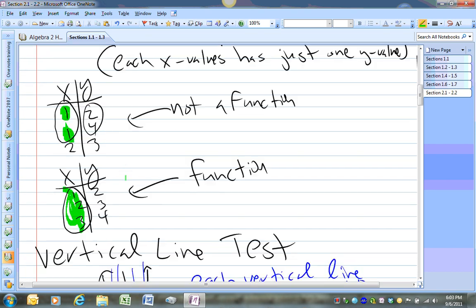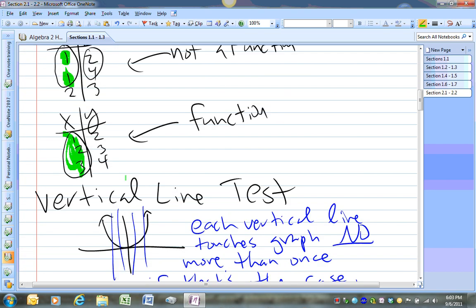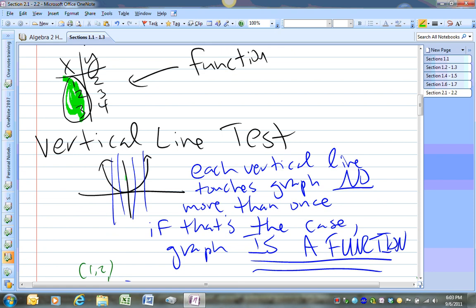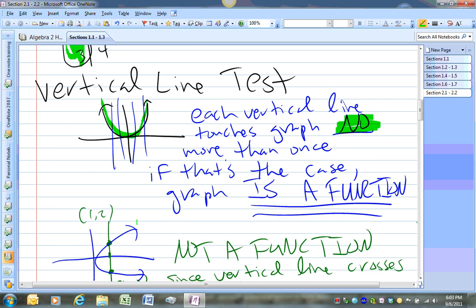Another way to determine if a relation is a function is applying the vertical line test. The way the vertical line test works, if you have a parabola or any kind of graph, draw vertical lines. If the vertical line touches the graph no more than once, so I emphasize no more, then you have yourself a function. Notice how all these vertical lines, these blue lines, cross the graph just once.